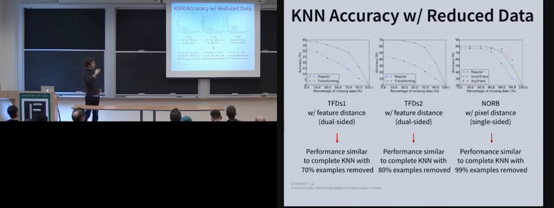When we look at NORB, we're actually able to reduce the size of the database down by 99% of the examples when using the transforming distance, because it's essentially allowing us to change the query image in a way that it can match against other objects and the same object in different rotations. So this is important for distance metric learning methods or KNN-based methods because the time it takes to do a match in these sorts of systems is quadratic in terms of the number of examples in your database.